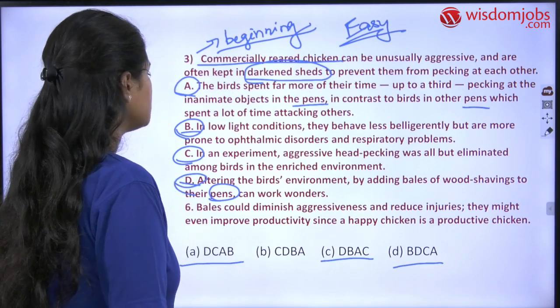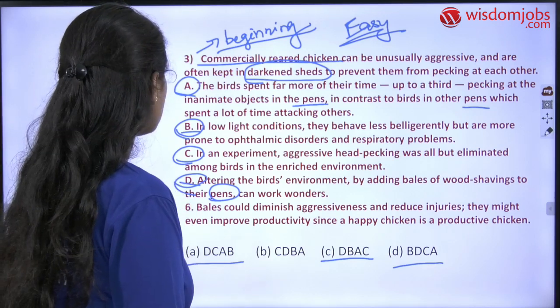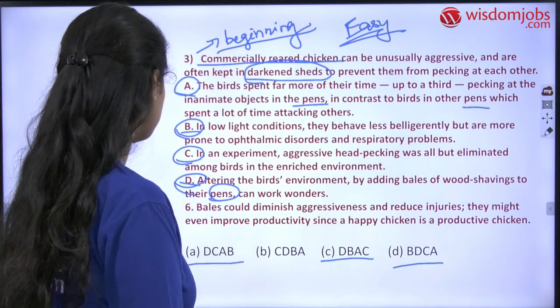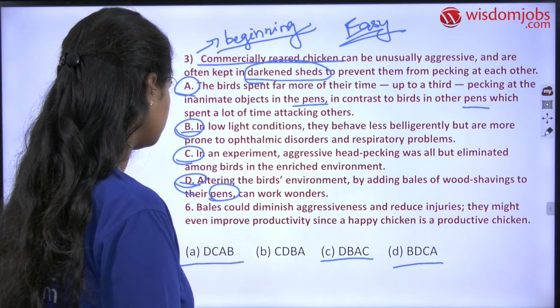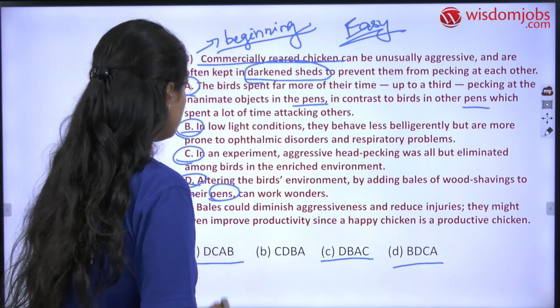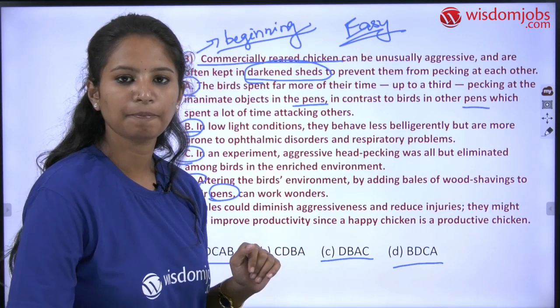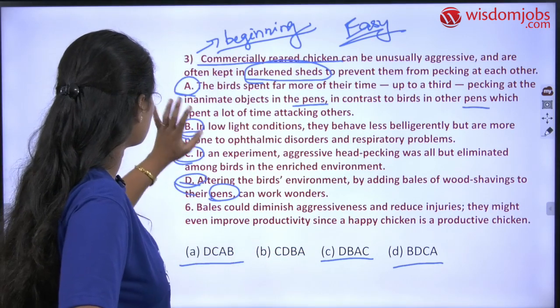In low light conditions, they behave less belligerently but are more prone to ophthalmic disorders and respiratory problems. So here, if you consider this paragraph properly, two sentences are already provided.